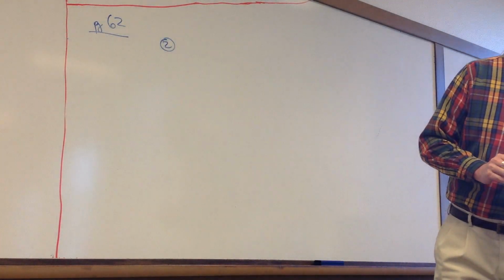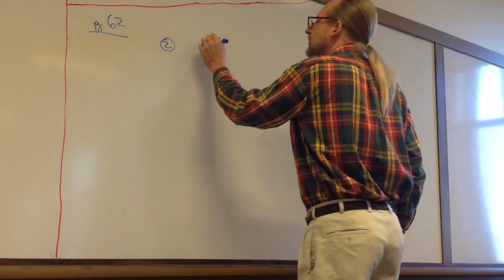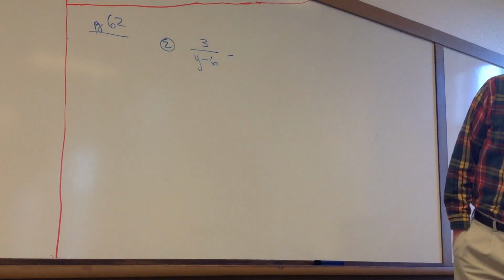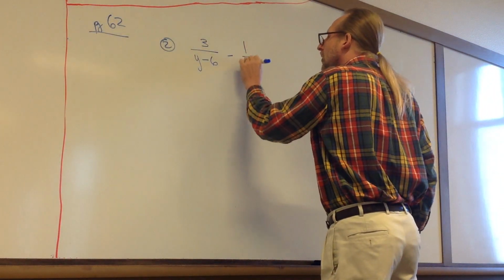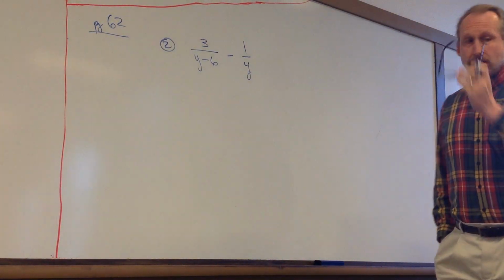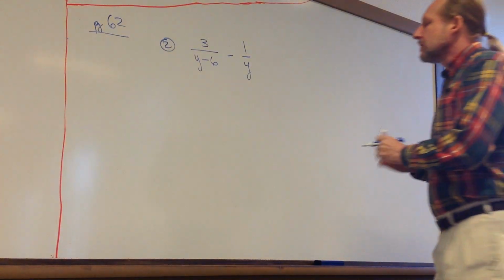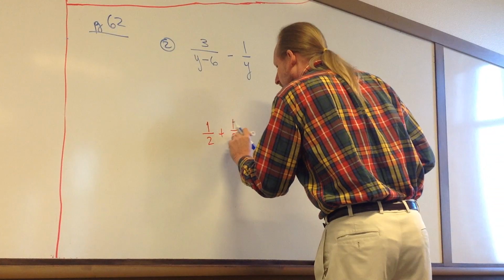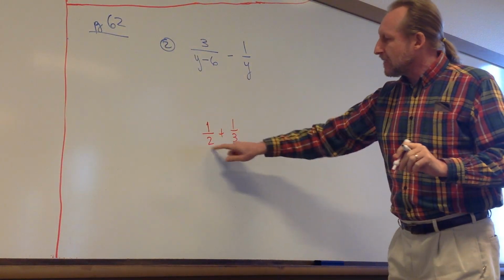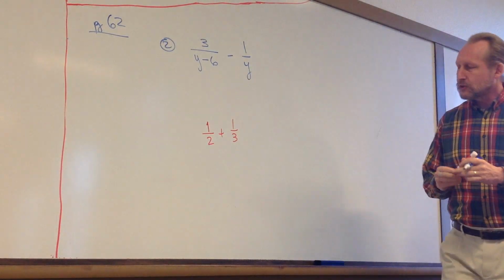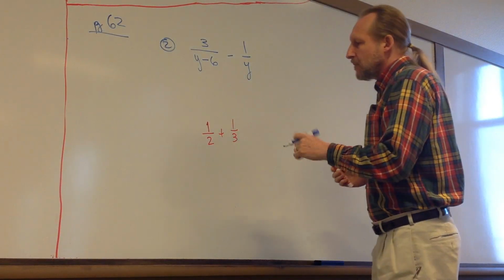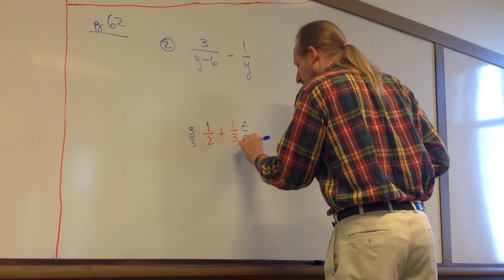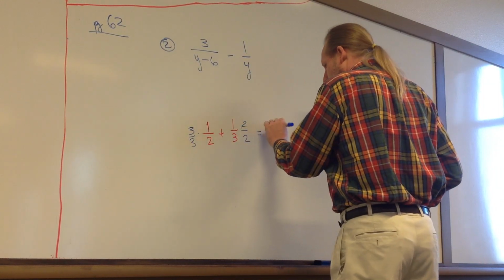Problem 2, we're subtracting 3 over y minus 6, subtract 1 over y. Okay, now, just like the previous numerical problem where we had 1/2 plus 1/3, these denominators are both prime. And so the common denominator that we chose for them was just the product of one multiplied by the other.